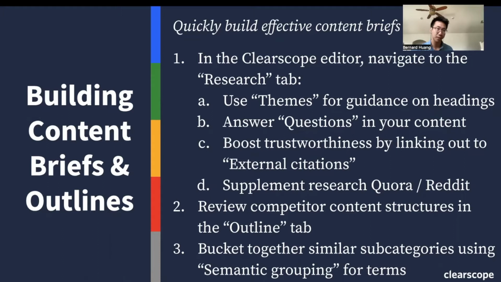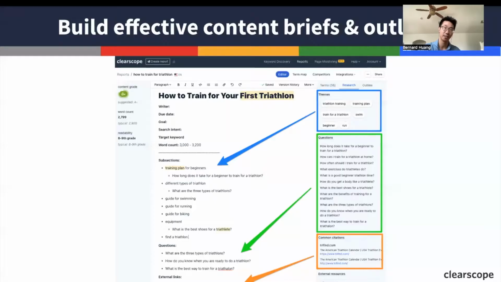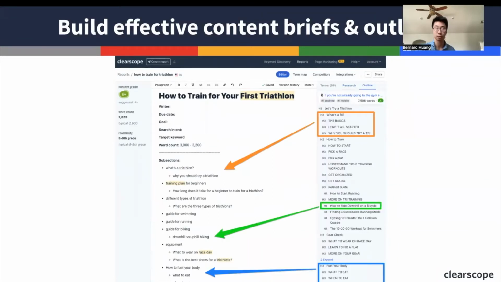Last bit, building content briefs and outlines. Obviously, semantic grouping helps really clearly here. There are a lot of ways in Clearscope that we expedite the content brief and outline process. You can see your themes, your questions, your common citations, and these directly map into the different templates that you might be building for your content briefs and your content outlines. Semantic grouping is obviously really important.